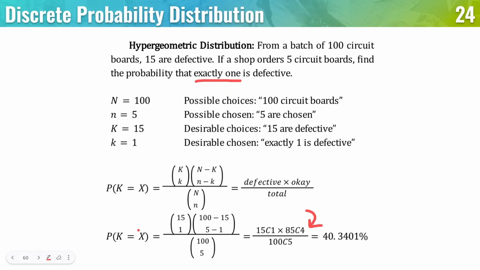If you choose 0, 1, 2, 3, 4, 5 for x, then you would get different percentages. If you add all of those up, it should add to 100% because again, we are doing discrete probability distribution. We are distributing the probability of 100% over multiple cases.